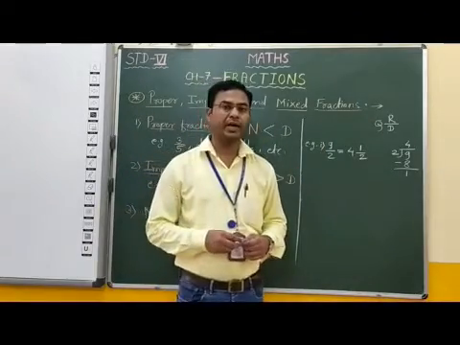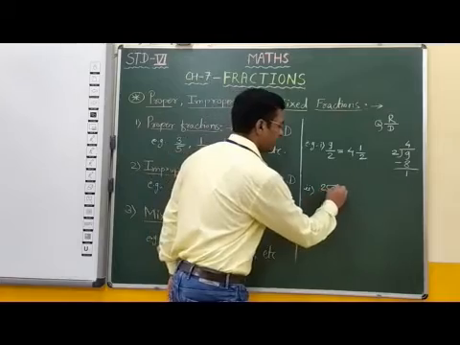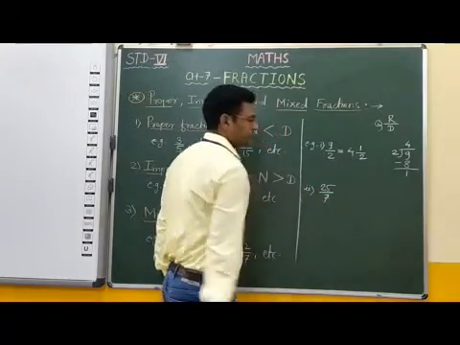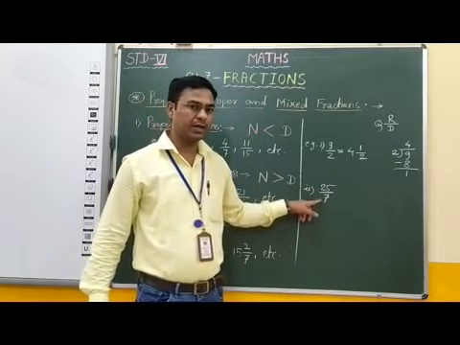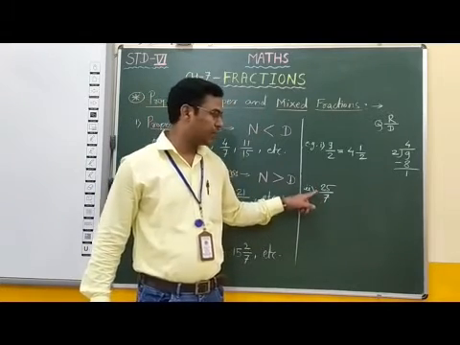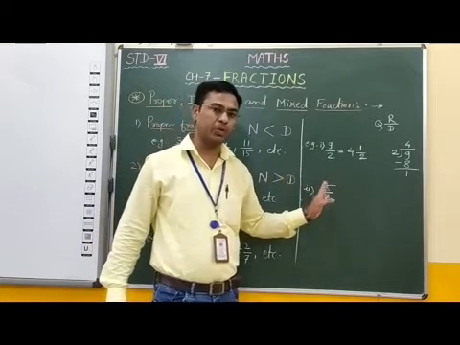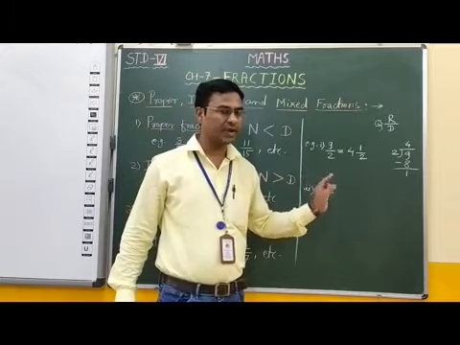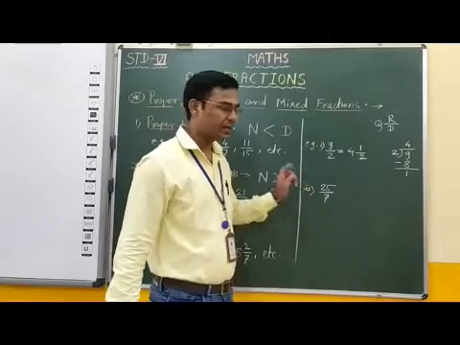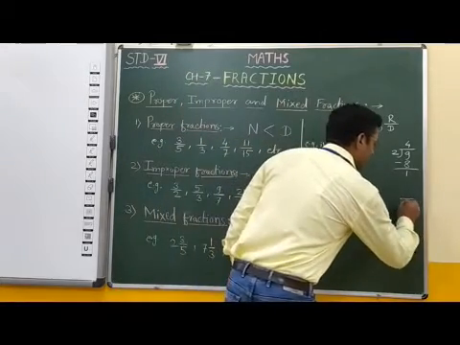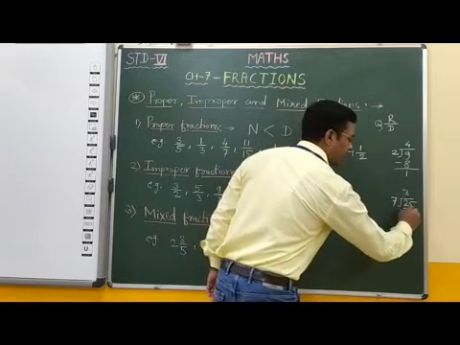If you take another example, that is 25 by 7. In this fraction, the numerator is greater than the denominator. Therefore, we can say that this fraction is an improper fraction and we have to convert this improper fraction into a mixed fraction. Therefore, we have to divide 25 by 7. 25 divided by 7. 7 threes are 21.